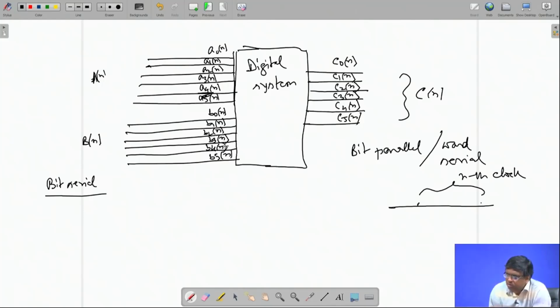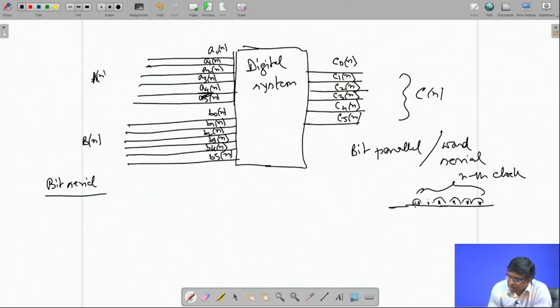What I will do here now is divide the nth clock into 6 sub clocks. There is a clock around it, another clock around it, another, another. These are the indices.